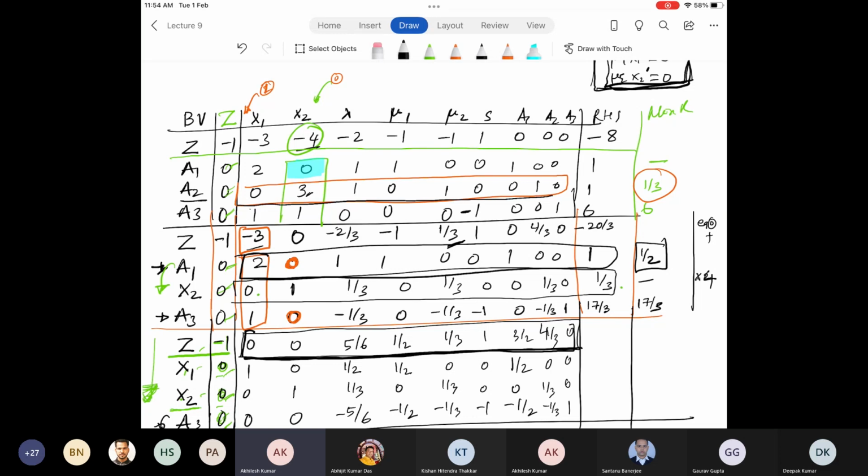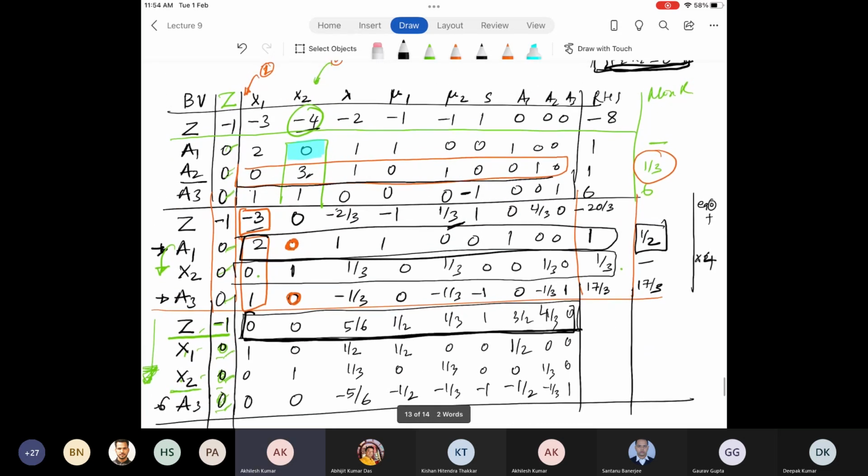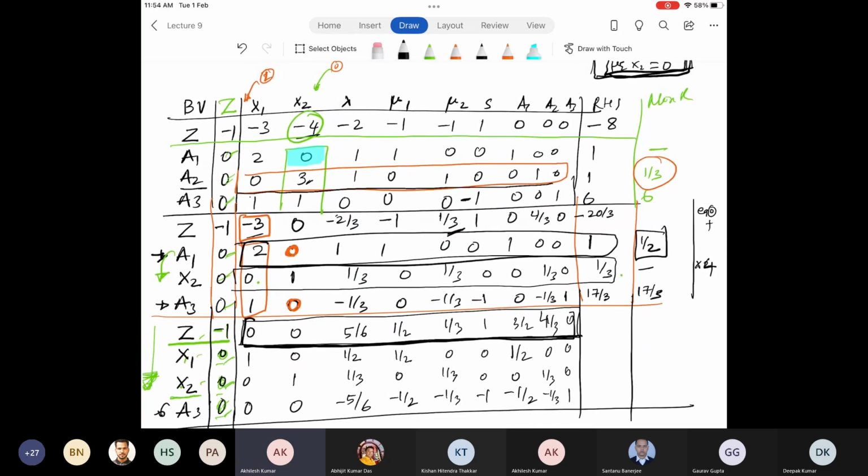Anyway, I will look at it and let you know by next class. But you understood the important thing. Suppose I had two choices here to enter, just a hypothetical example. Since x1 and x2 are here, mu1 and mu2 cannot enter.